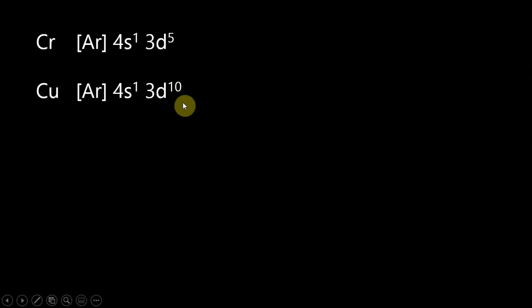And so it turns out that there's something about this arrangement of the electrons which makes the electron arrangement around the atom a little bit more stable. And so it's a preferred configuration over the expected pattern that we should have been following using the rules.